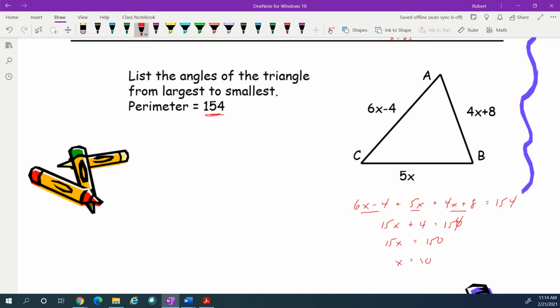We need to take that 10 and plug it back in. So 5 times 10 is 50. 6 times 10 is 60 minus 4 for 56. And 4 times 10 plus 8 is 48. Again, we may want to add those up, make sure that it does total 154, so we know we solved it correctly.